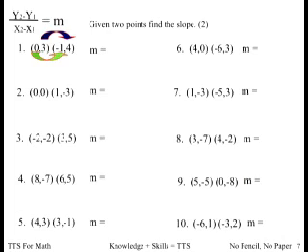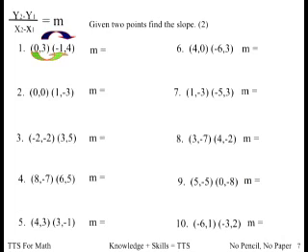Now, 0, 3 is a point. Negative 1, 4 is a point. So the x is 0 and the y is 3 because x comes first, then y. Negative 1, 4. Negative 1 is the x and 4 is the y.